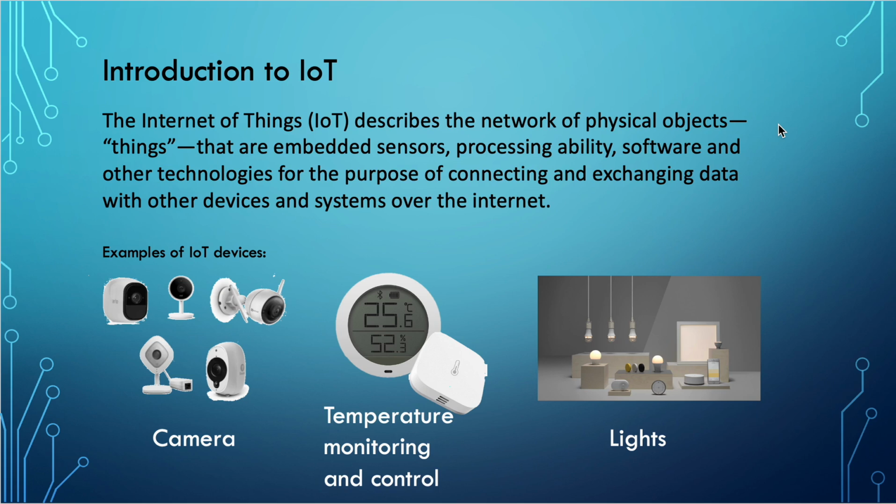It should say there is a physical part to it, right? A hardware part, which is a network of physical objects, right? That are things. In IoT, things stands for the network of physical objects: embedded sensors, processing ability, it could be actuators, network switches or something for communication, and so on.